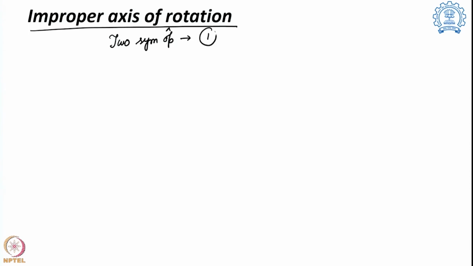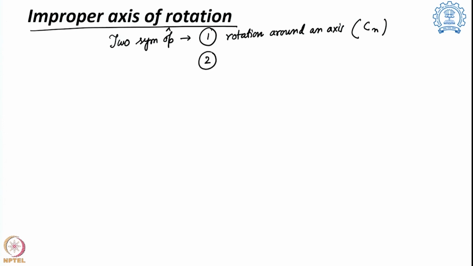The first one we are going to do is actually a rotation around an axis, which is nothing but a Cn, rotation around an axis system. We will do that, but we will not stop over here.